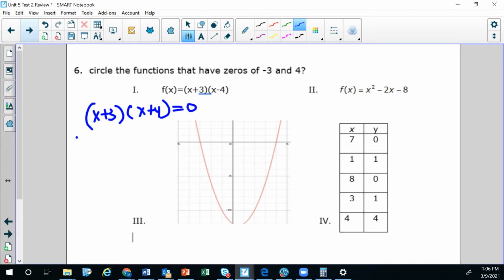Well, x plus 3 is equal to 0, and x plus 4 is equal to 0. Now, to solve for x, I'm going to add -3 on both sides, and by now you guys should know this. That gives me x is equal to -3. On the other equation, if I add -4 on both sides, that gives me x equals -4.